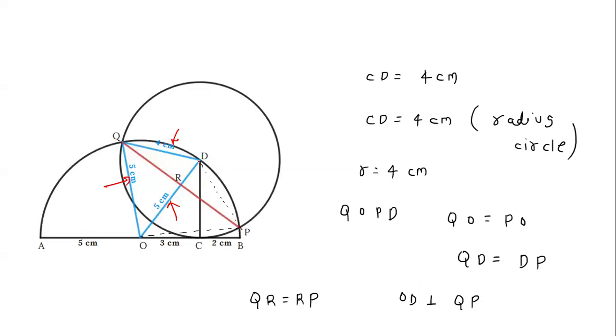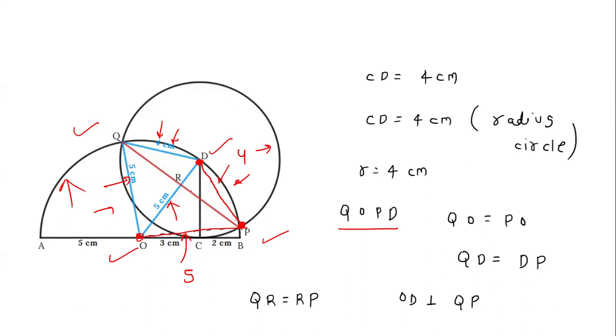So DP length is exactly the same as DQ length, and OP length is exactly the same as OQ length, because this is equal to 5, the radius of the semicircle, and this is equal to 4, the radius of this circle. So both figures are exactly the same, and if I join point O and point D, the whole figure QOPD divides into two equal parts.